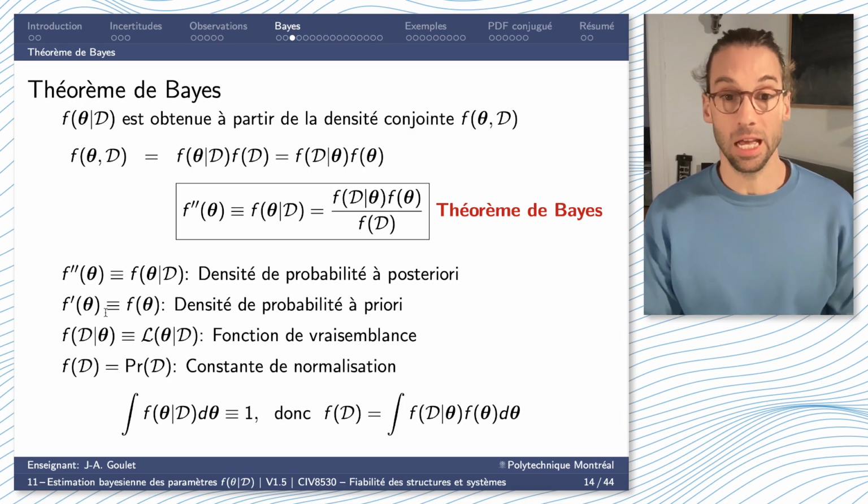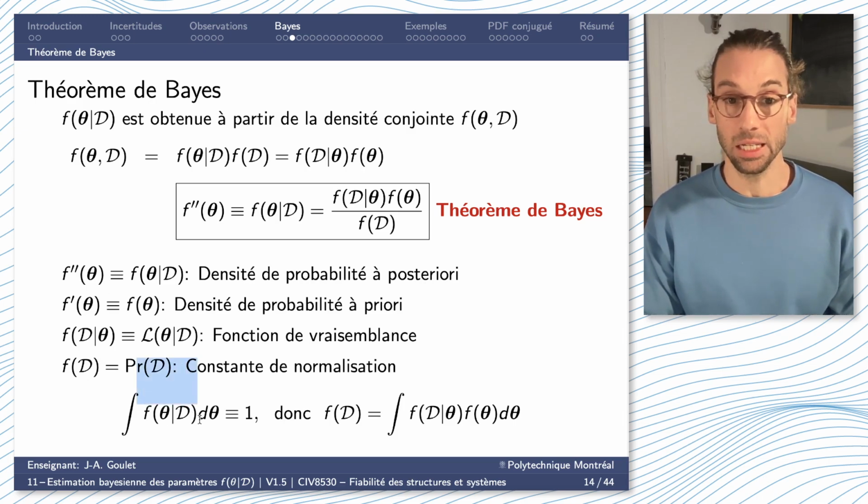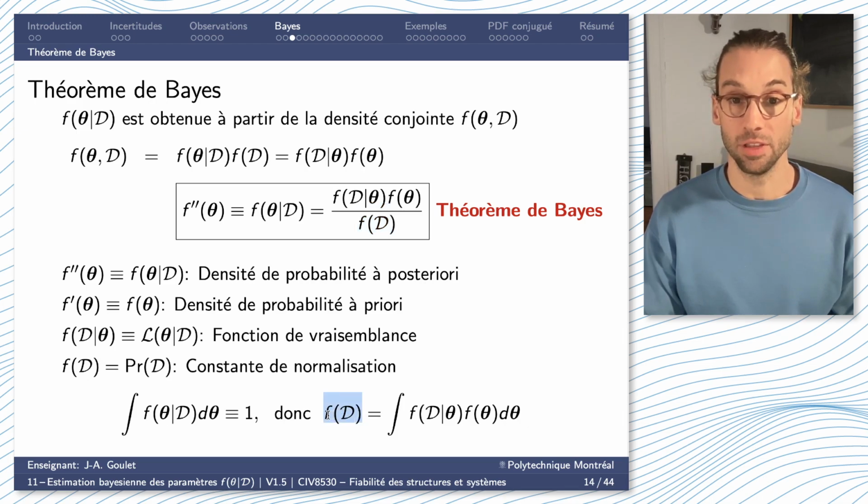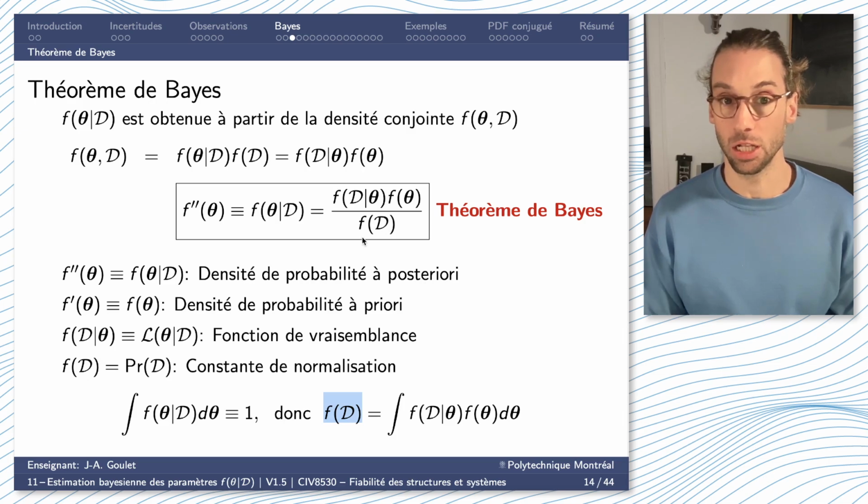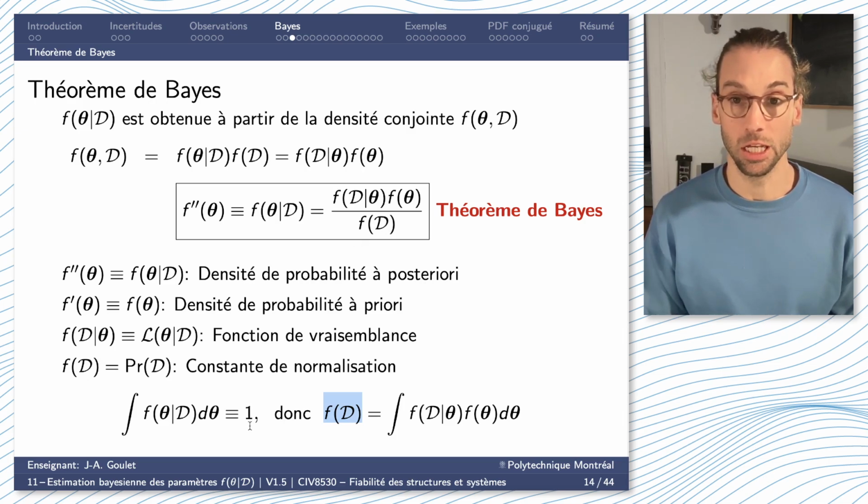And given that the posterior is a probability density, it must integrate to 1. That's why we have that normalization constant, to make sure that if we integrate the numerator with respect to all possible values of theta, we get f of d, my normalization constant, to ensure that this integral equals 1.